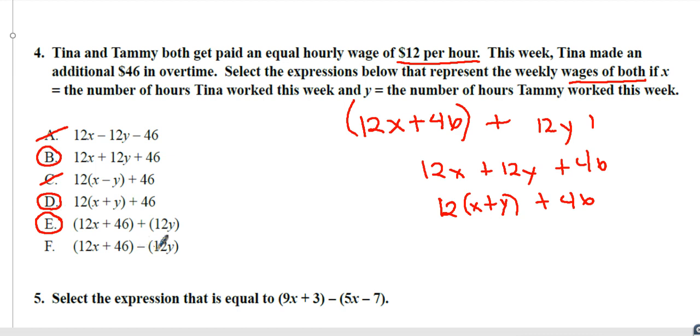And this one is incorrect because I'm finding the difference in this case, and I don't need the difference. They ask for an expression that represents the weekly wages of both. They didn't ask for a comparison, they didn't ask for the difference, they ask you to combine them. So that leaves B, D, and E as the final correct options.